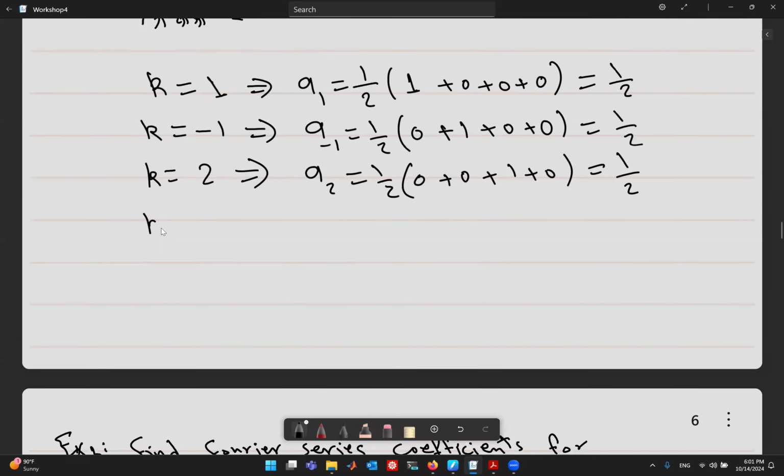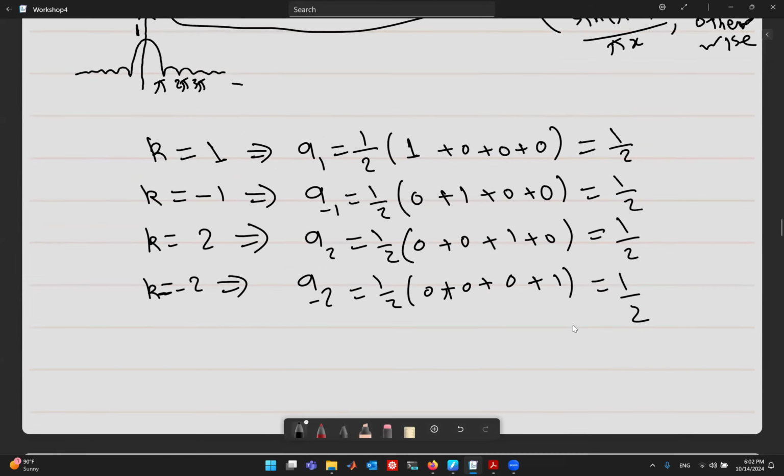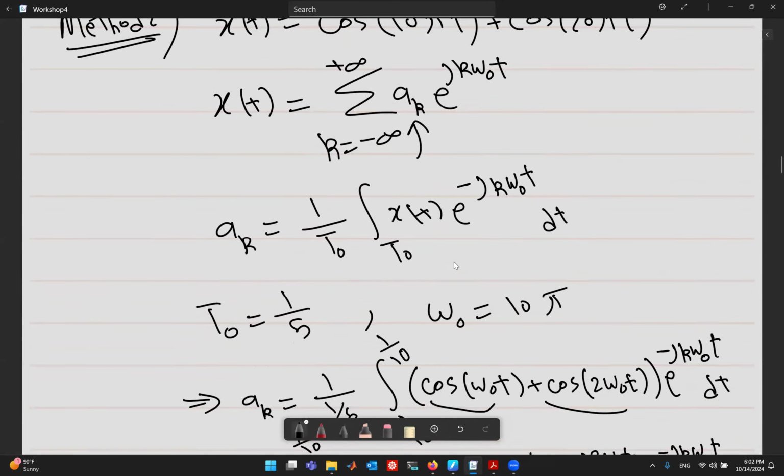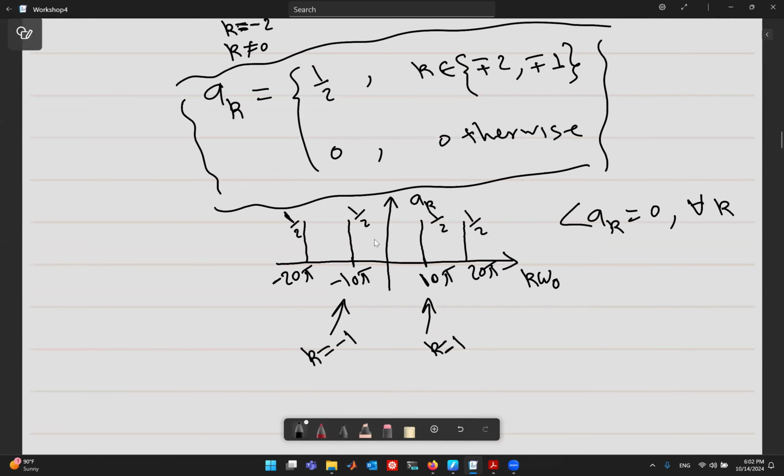And k equals minus 2, we get a minus 2: 1/2 times 0 plus 0 plus 0 plus 1, which is 1/2, the same as we have seen in the first method.